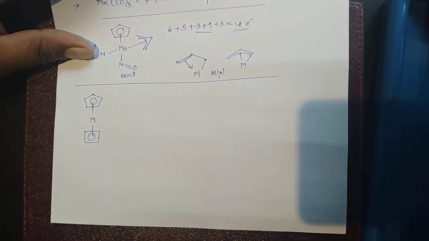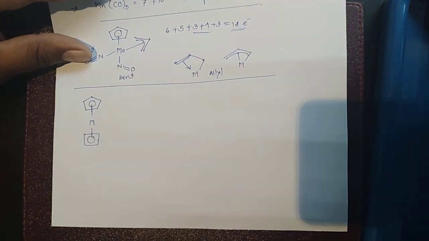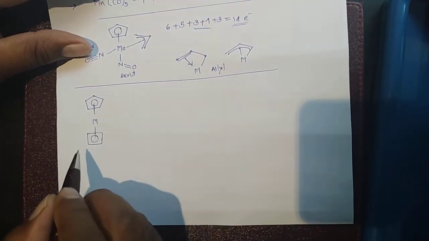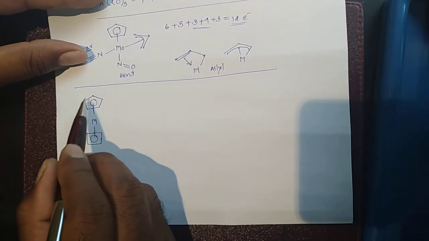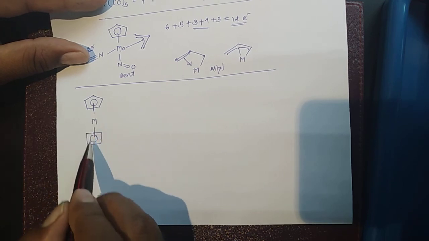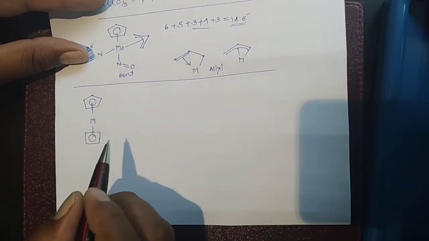It seems like ferrocene, but we don't know whether this is iron or not, and this ligand is different and this ligand is also different. So both ligands are different here.